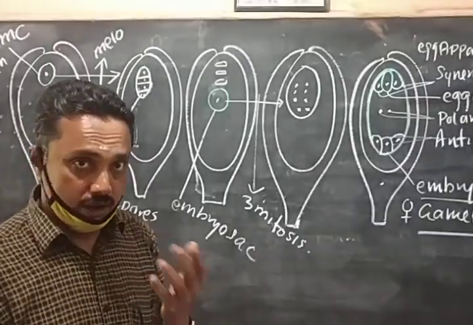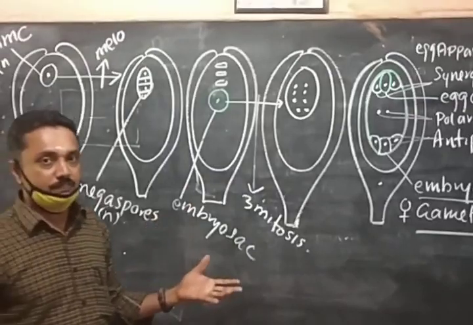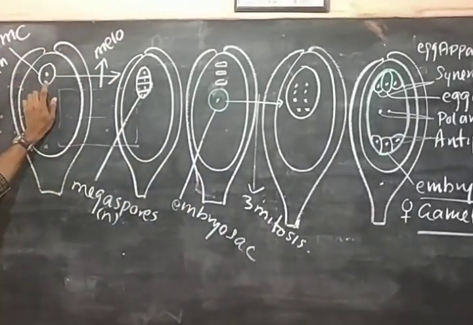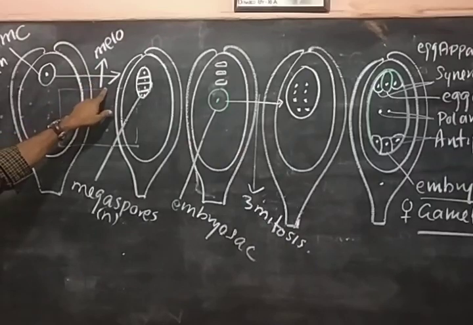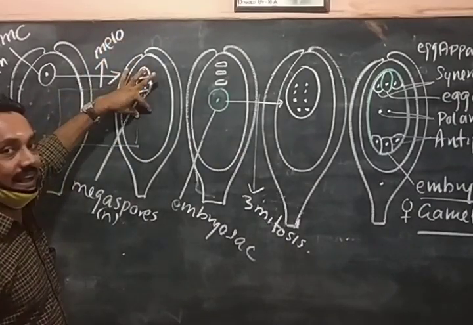I think I will revise once again how the development of the female gamete takes place. First of all, inside the nucellus, a cell differentiates. That cell is called the megaspore mother cell. This megaspore mother cell is diploid. It divides by meiosis into 4 megaspores, which are linearly arranged.